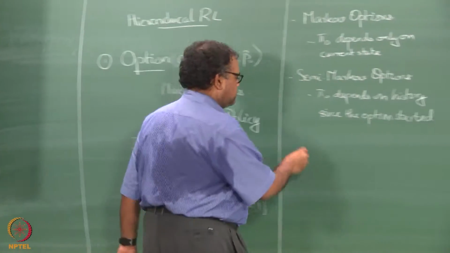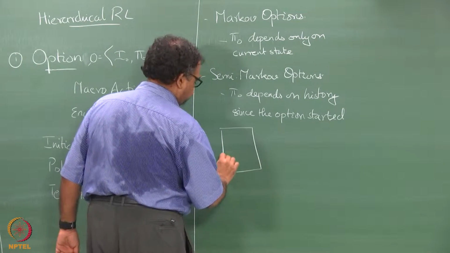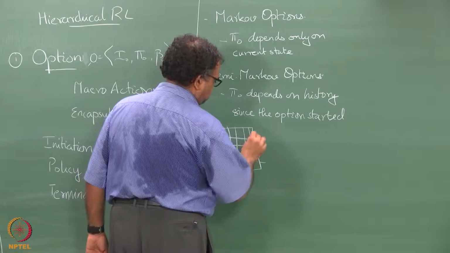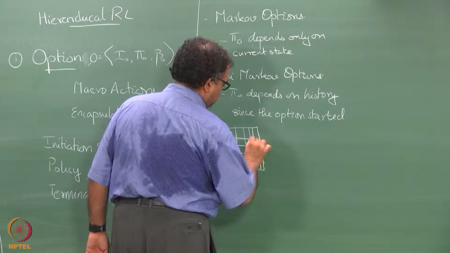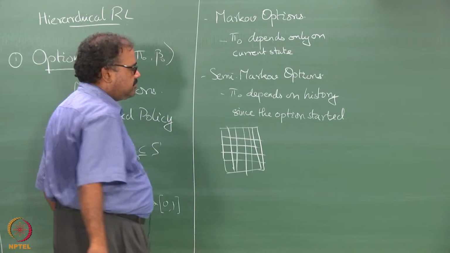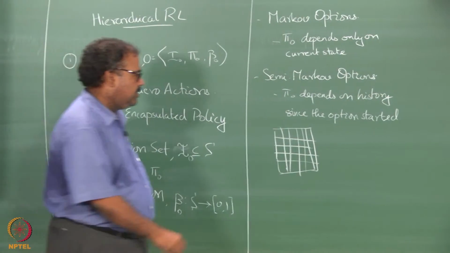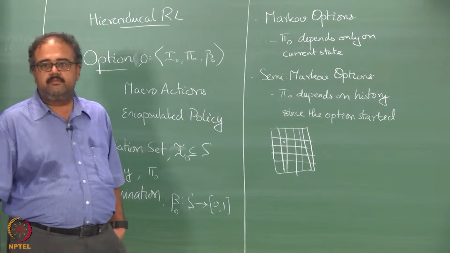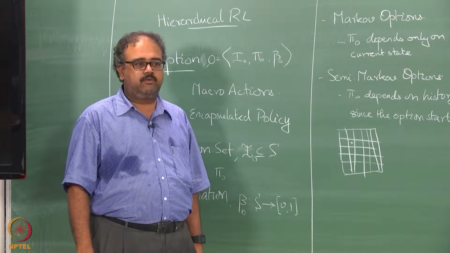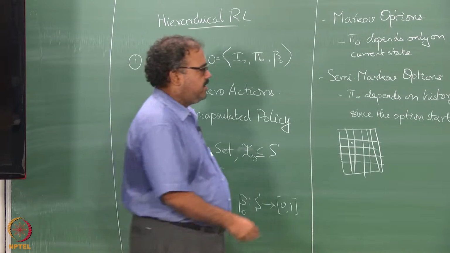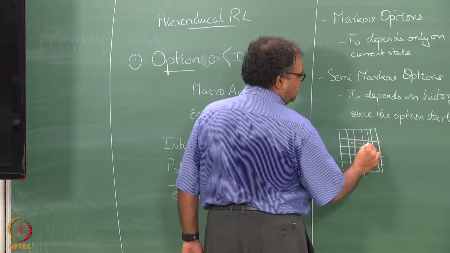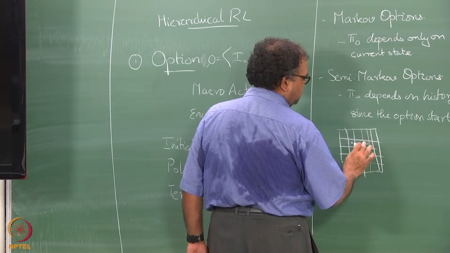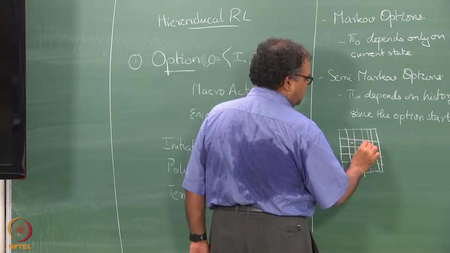So let us say if I start here and say go right 2 steps and down 1 step, it will be this, 1, 2, and then this.